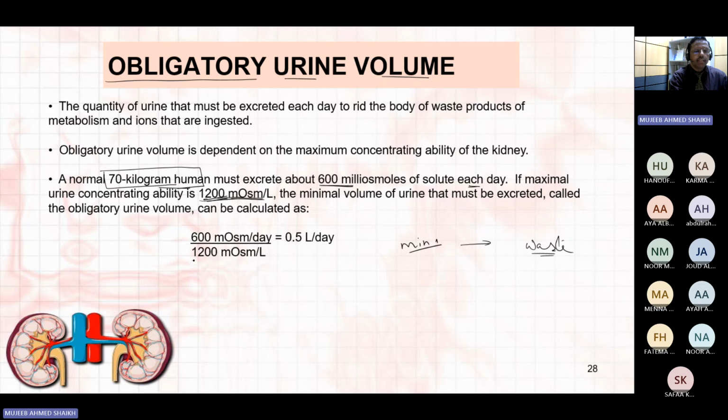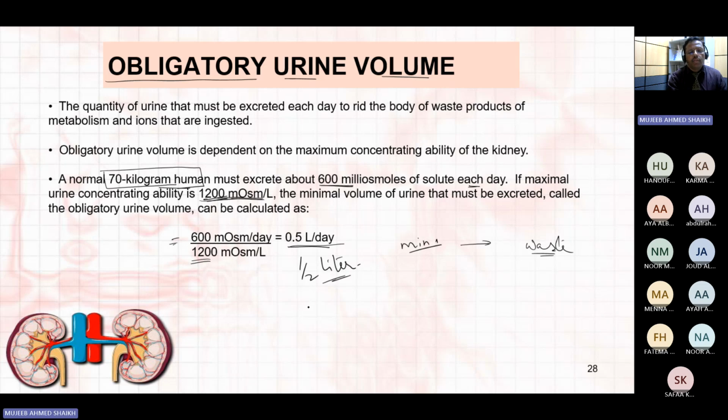This is the maximum found by research. So how much urine should a person pass to get rid of these 600 milliosmol? About half a liter. Half a liter of urine must be passed to get rid of all these waste products.